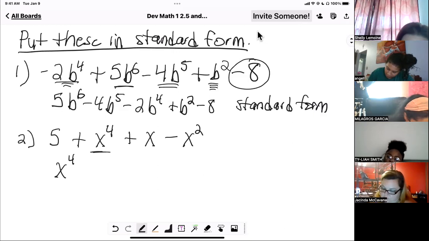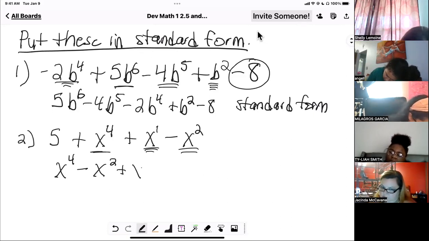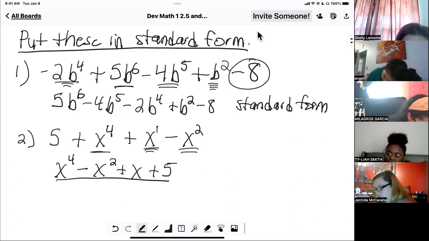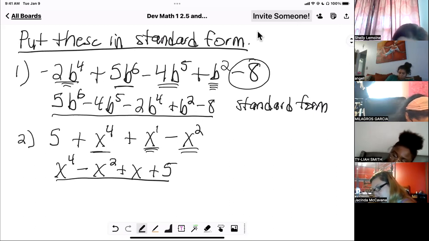My next highest exponent, what's left, is my second power. Now we have to take that minus with it, so negative x squared. My third highest is my x, because that's really to the first power, even though we don't write it. And my last is my constant, plus 5. That would be your standard form. You see how it's going from the highest to lowest exponent?